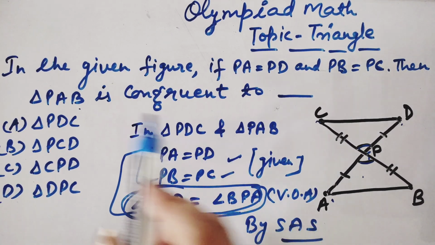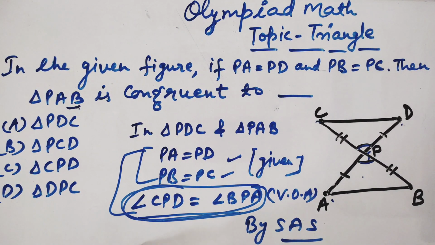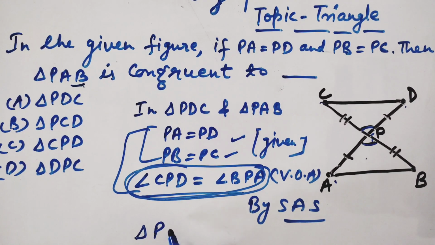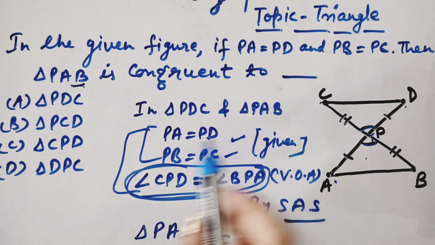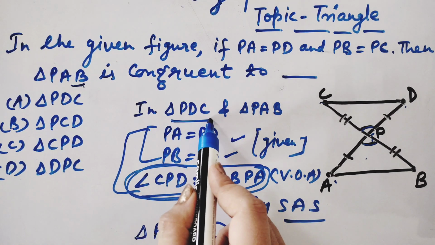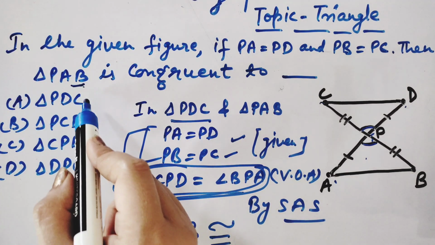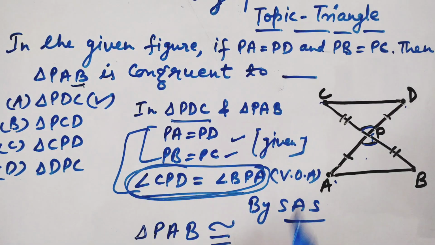The given triangle is PAB, so we can write triangle PAB is congruent to triangle PDC. Where is PDC? Option A. Option A is correct: triangle PDC.